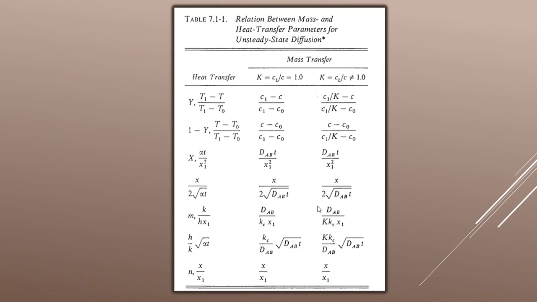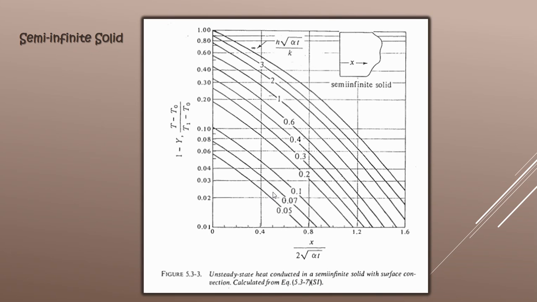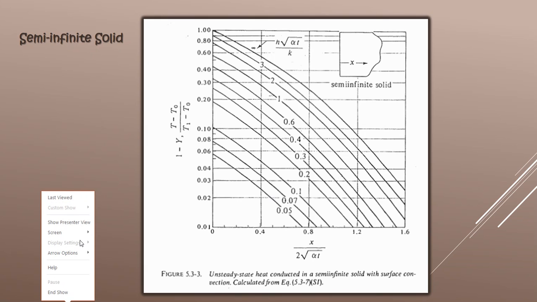So I need to get this formula, and I need to get this formula, because these two will represent my abscissa and the values of the curves respectively, appropriate for the semi-infinite solid diagram that I have shown also to you, and that diagram is this. Okay, so now we go back to our board and write down the formulas that we will be using.